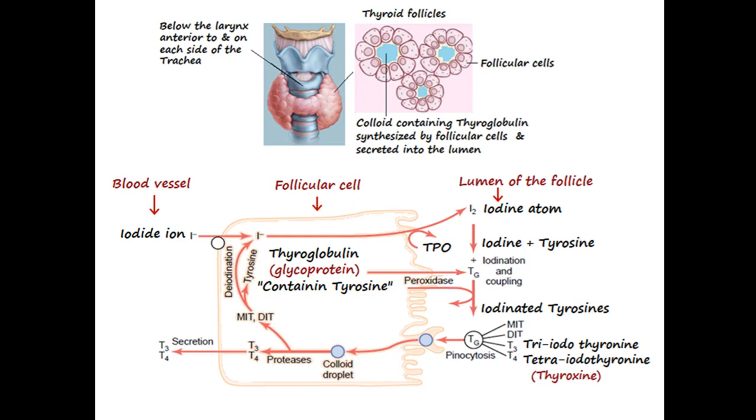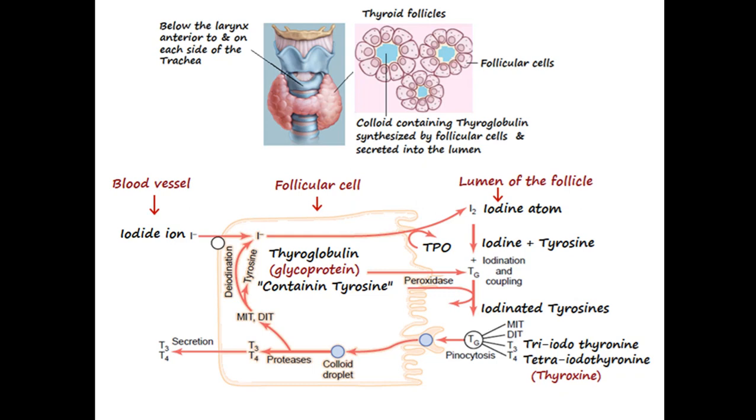The cells are arranged in a follicle so that they enclose a central lumen which contains the colloid. And the colloid is actually the thyroglobulin protein, which is a glycoprotein secreted by the follicular cells into the lumen of the follicle.